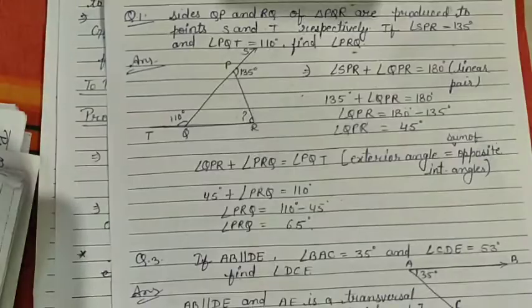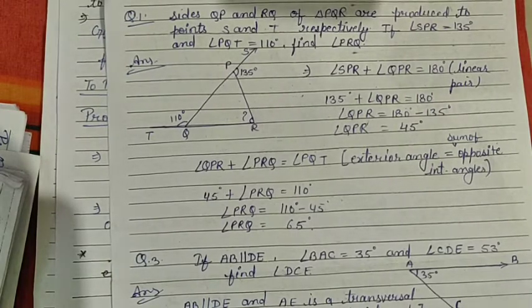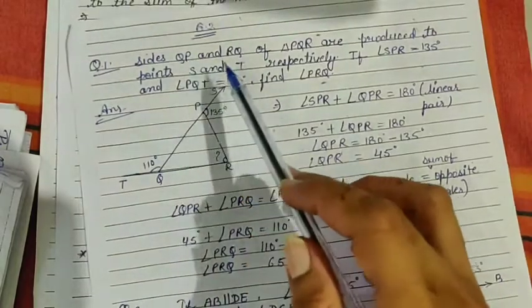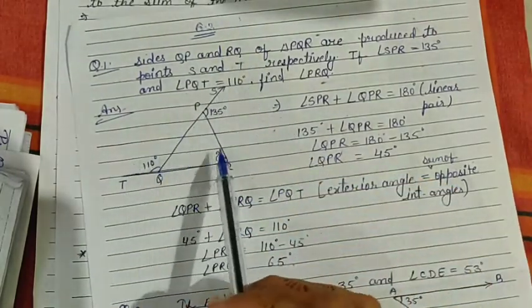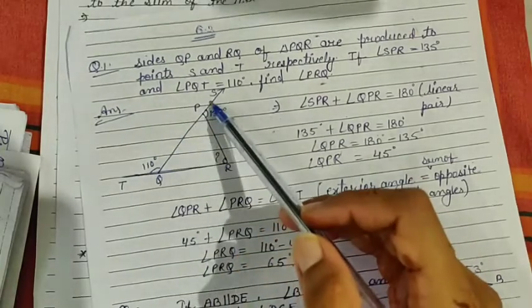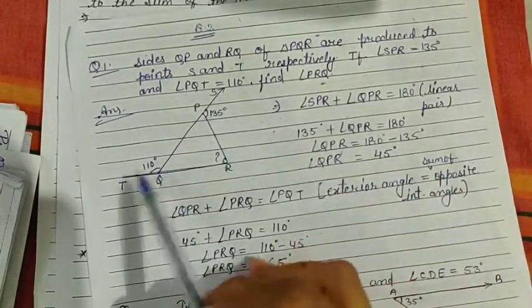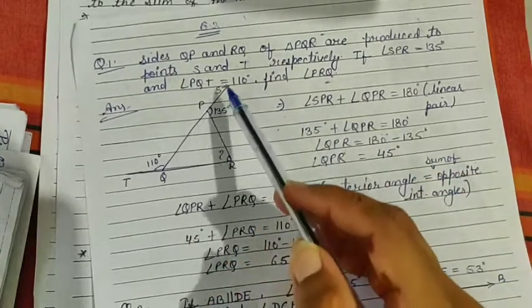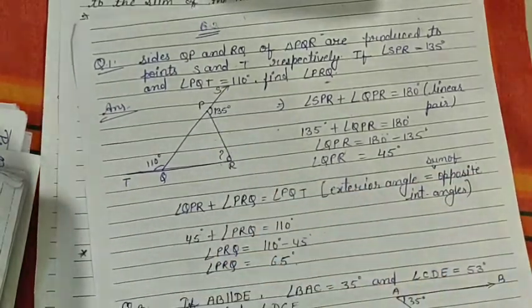Students, now we will do some questions of exercise 6.3. So our first question is: sides QP and RQ of triangle PQR are produced to points S and T respectively.